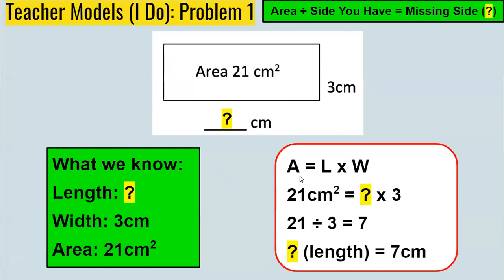We can find the area by multiplying length times width. We know the area is 21. The length we don't know, but we know the width, right? So 21 divided by 3, I know that equals 7. And therefore, 7 would be the missing length.